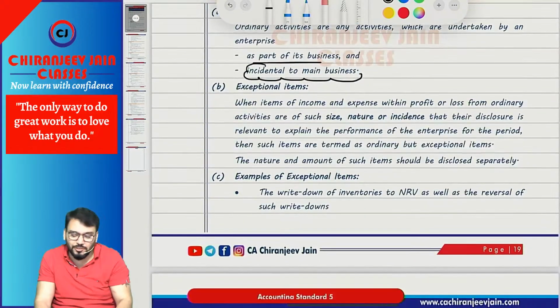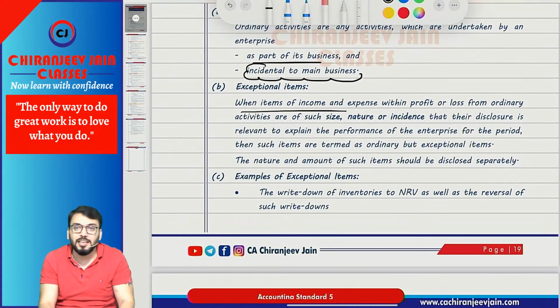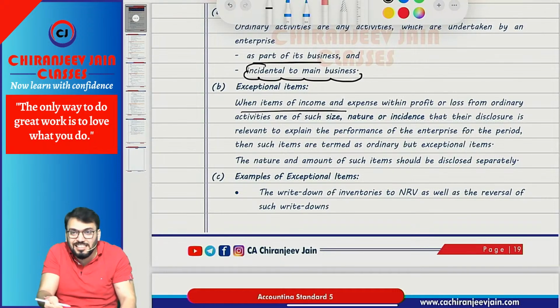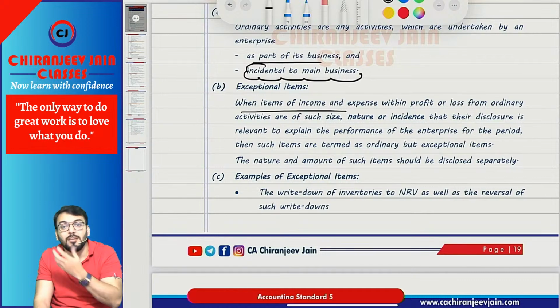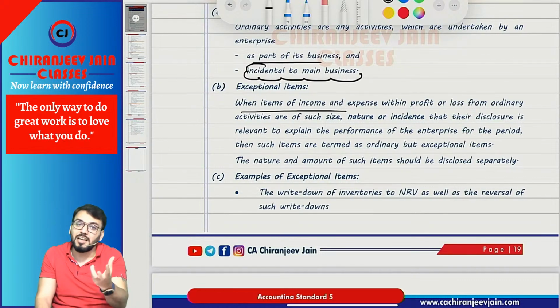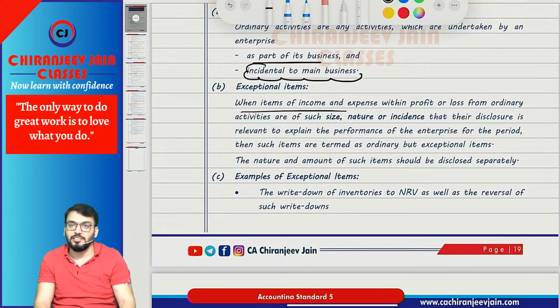AS5 says that when the items of income and expense within profit and loss from ordinary activities are of such size, nature or incidence, the keyword is size, nature or incidence, that their separate disclosure is required to understand the performance of the entity. Means if you do not disclose it separately, we will not be able to understand the performance of the entity, then that item will become an exceptional item.